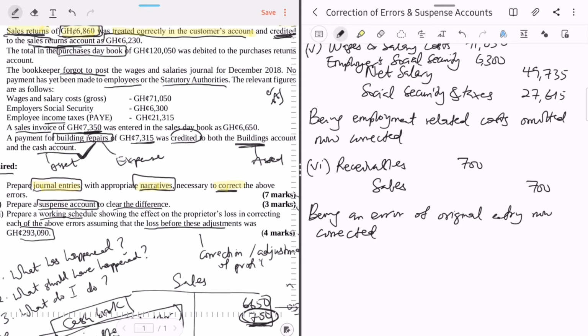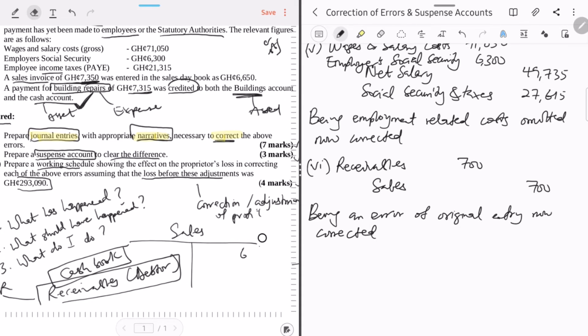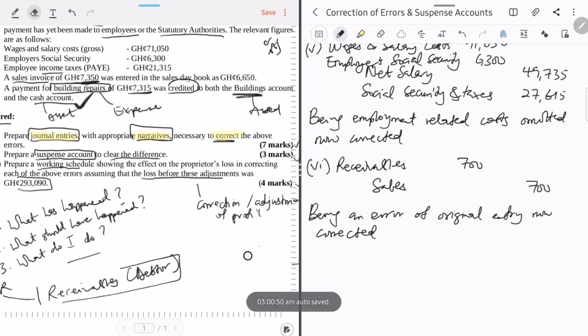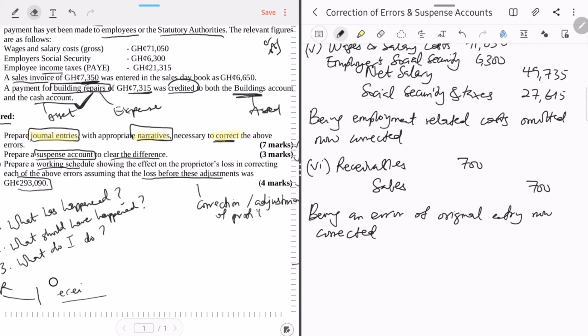So what we are supposed to do here is to ask ourselves, okay, let's do our visualization again. I'm doing this because I think it's the easiest way to explain it. I don't have to do this because in my head I know the entries. But here, let's say I have my buildings account. Don't forget it's an asset, so you should have a debit balance. They are saying that I have credited this buildings account with 7315.